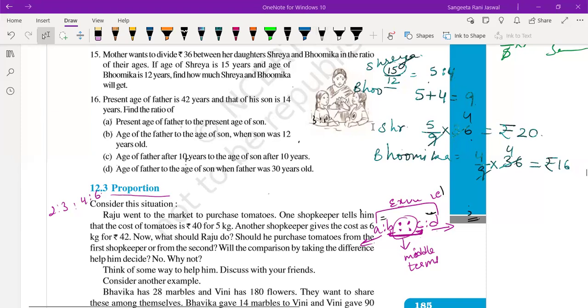Yes, Neha, what's the answer? Ma'am, I got it as 3:1. Okay, that's 42 is to 14, no? So that's 3 is to 1. Okay. Yes. Good, beta. Good, Neha.